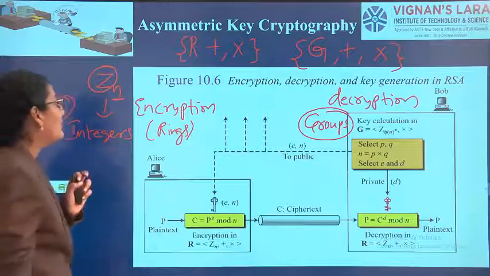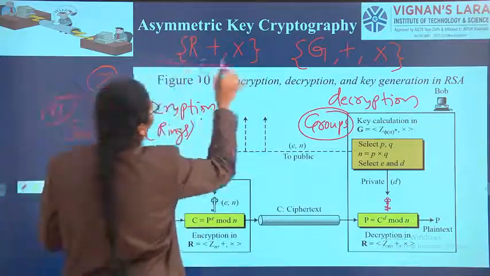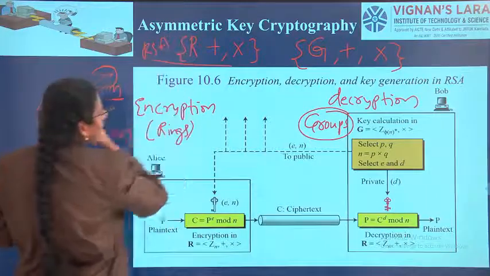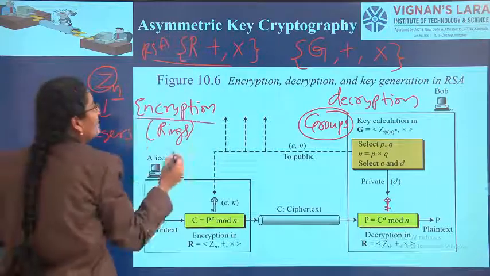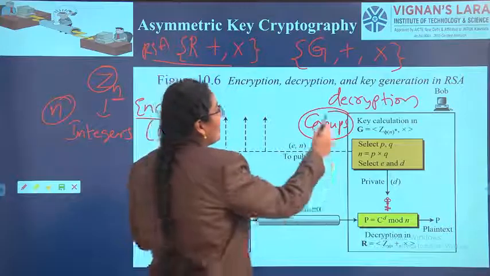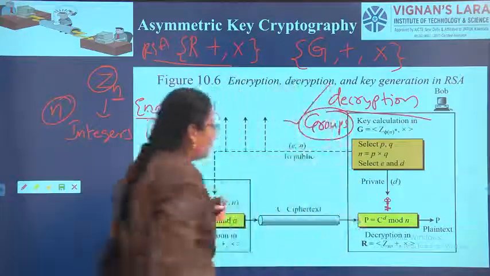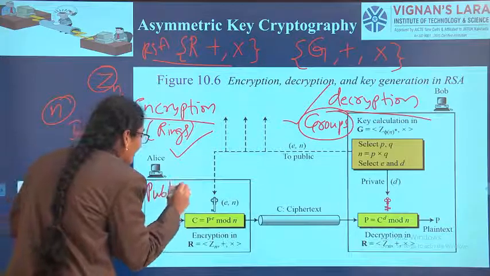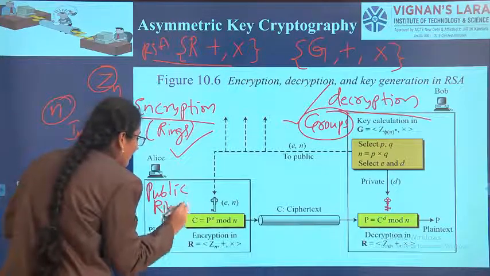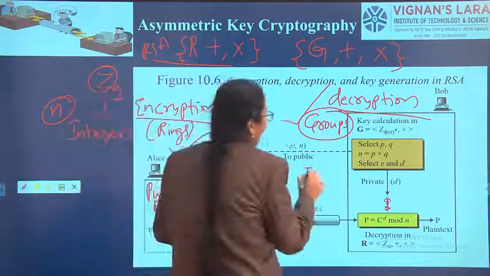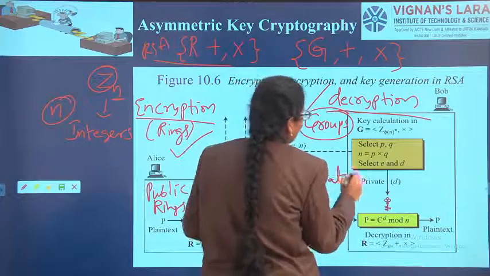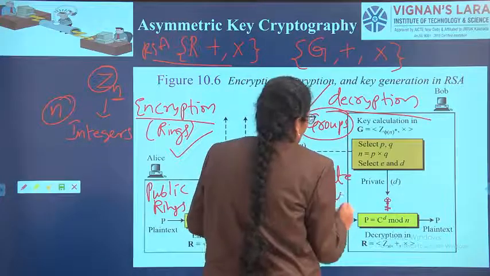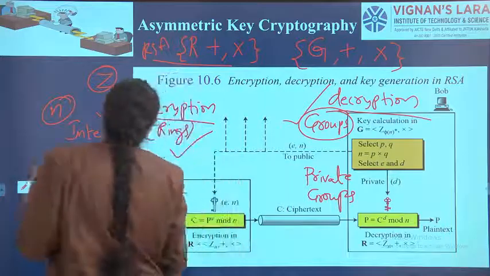So what I am telling you, in the RSA algorithm, for encryption we are using the topic of rings. For decryption we are using the topic of groups. So what I call, we are using public rings and private groups. This point I wanted to add here.